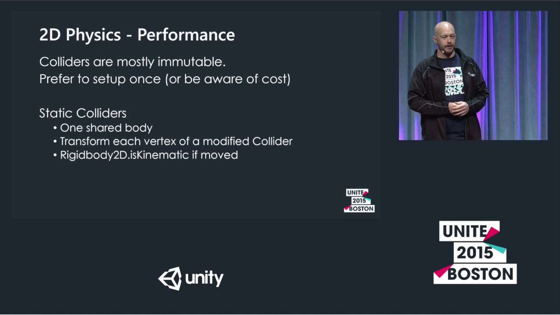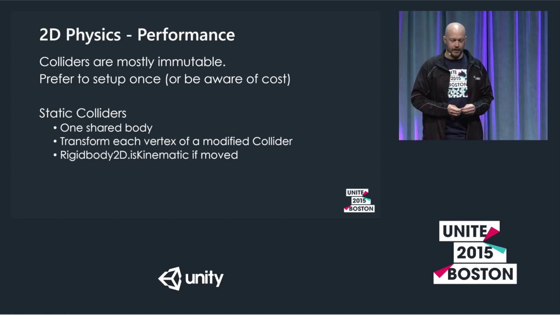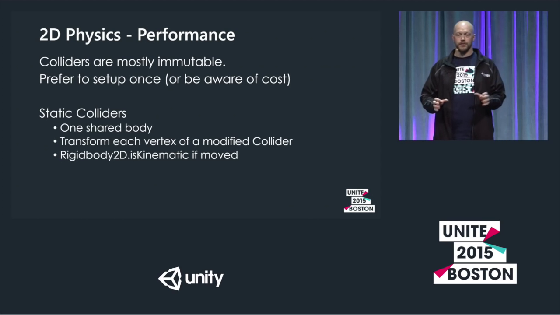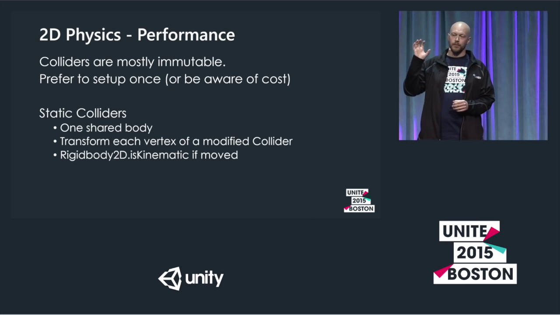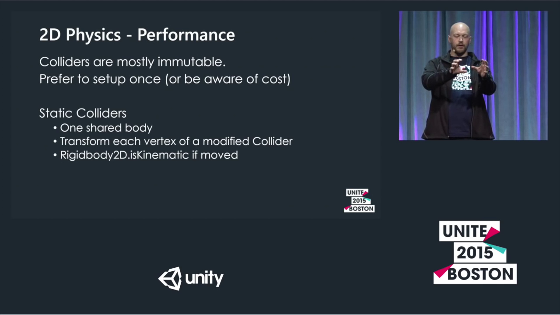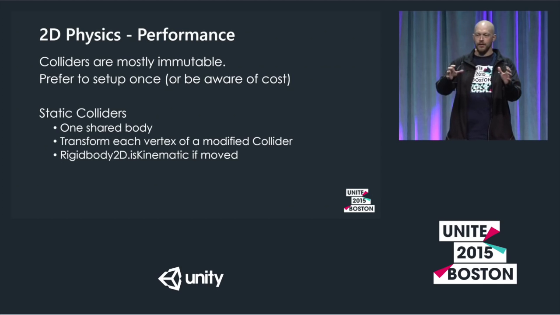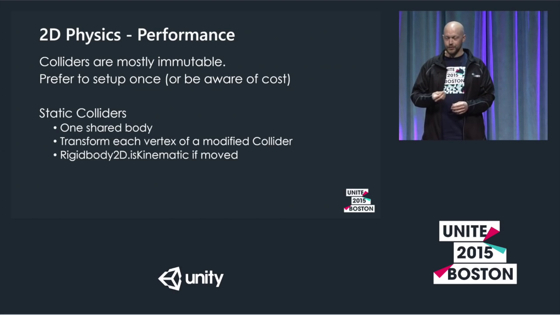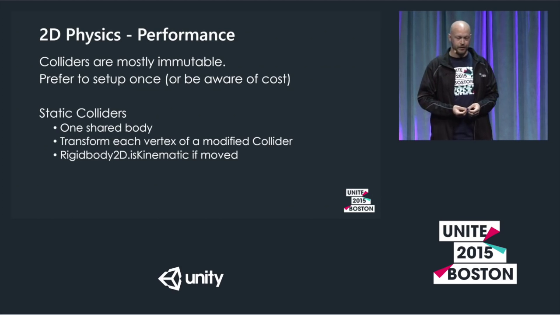For static colliders, there is a little secret thing going on behind the scenes. They all have one shared body. So this means if you move a static collider in 2D, we actually go in and transform all the vertices of that collider, if it's a mesh collider, and we do that every time you move it. Of course, if you really want to, you can do it.